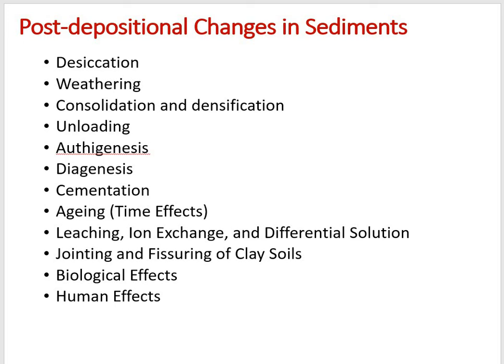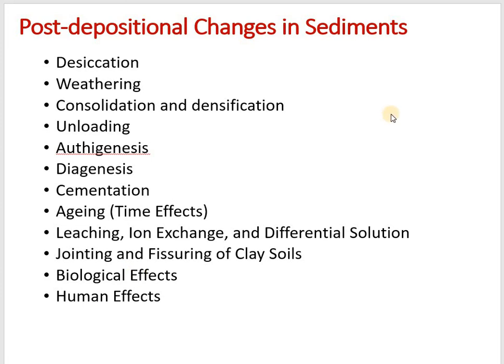The first one is desiccation, the second is weathering, and the third is consolidation and densification. The fourth is unloading. The fifth is orthogenesis, which is actually a mineralogical change that will bring some difference in the texture as well as the angularity of the soil deposit.